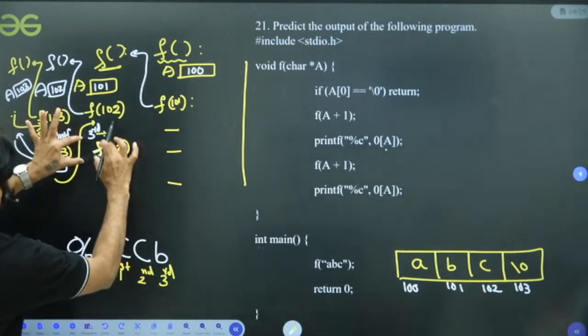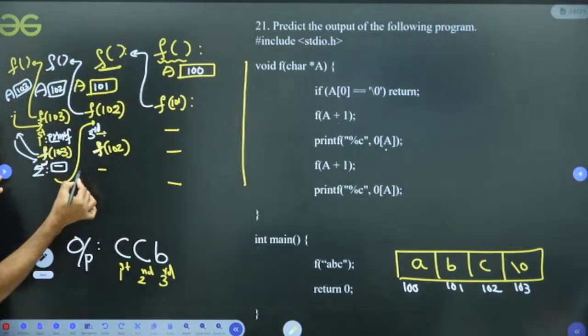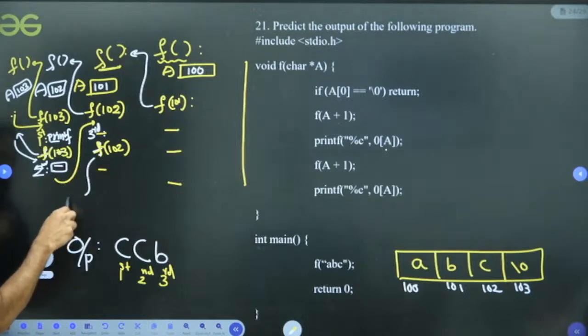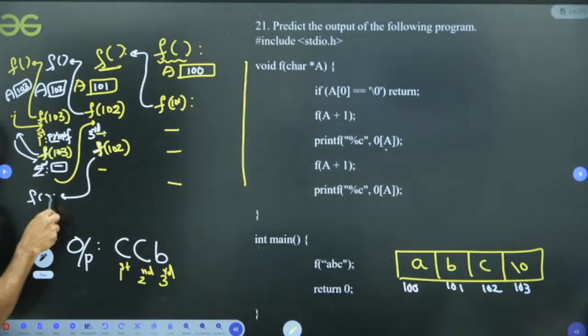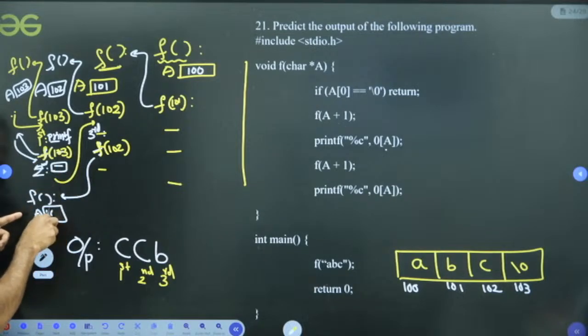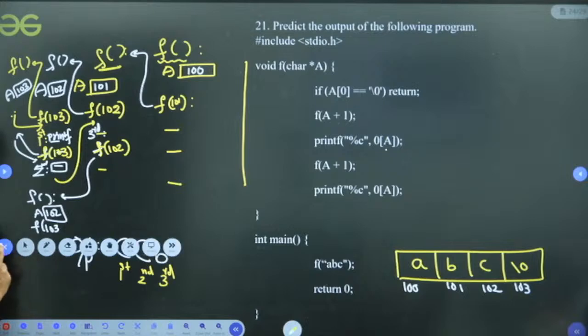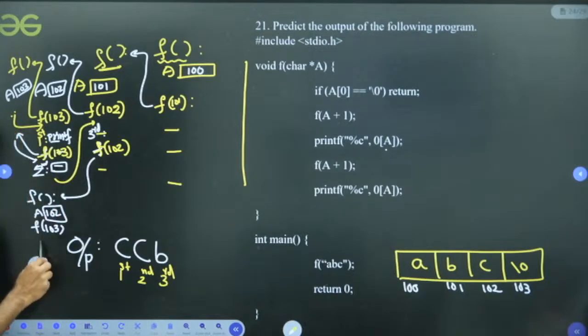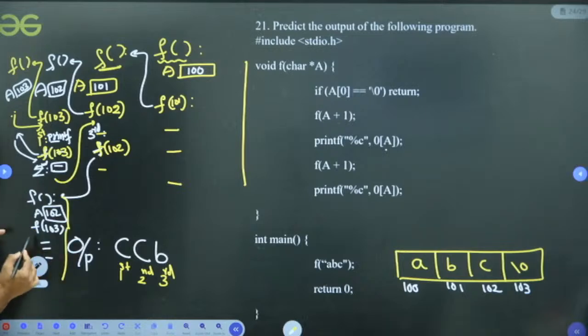So this repeats exactly like this, but it takes a lot of time to do the function calls. It calls the F function again, and here A is 102 and this calls F of 103. It takes a lot of time, you know that. No need to do all these things, right? This exactly prints, what is that?